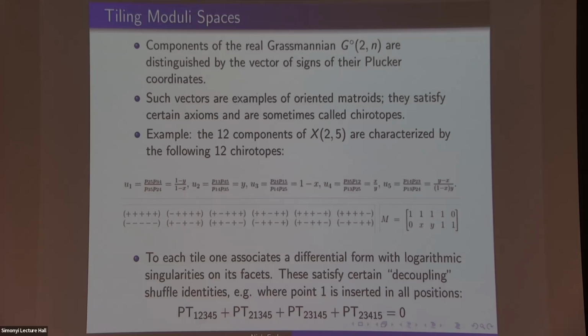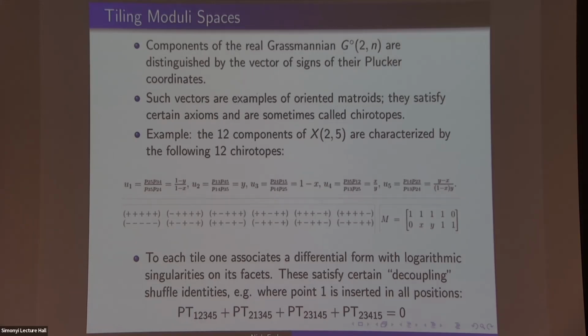So to each tile, we associate a differential form with logarithmic singularities on its facets. Remember we had the triangle, and the Parke-Taylor factor had manifest singularities on each of the facets. What I didn't say was that there was also a dx1 wedge dx2 associated to it.